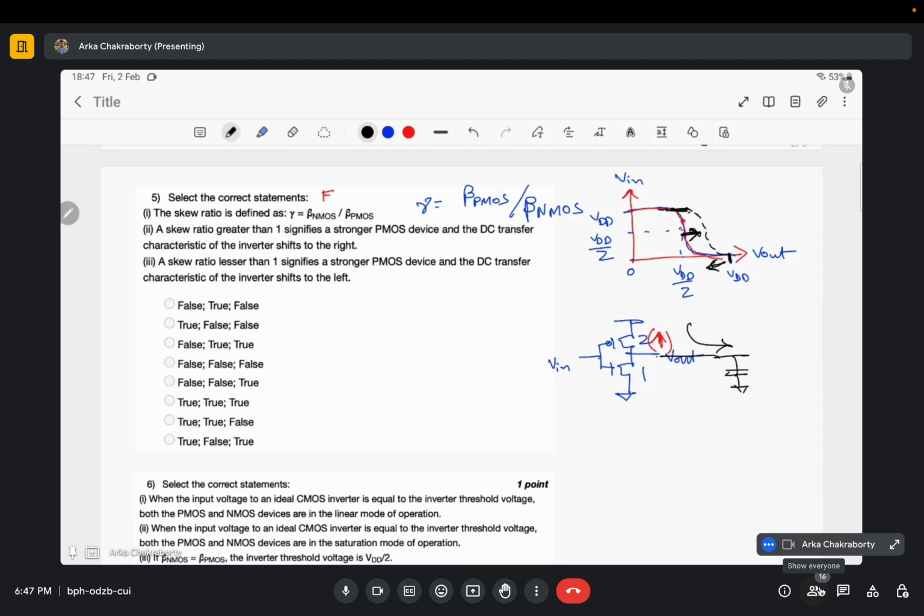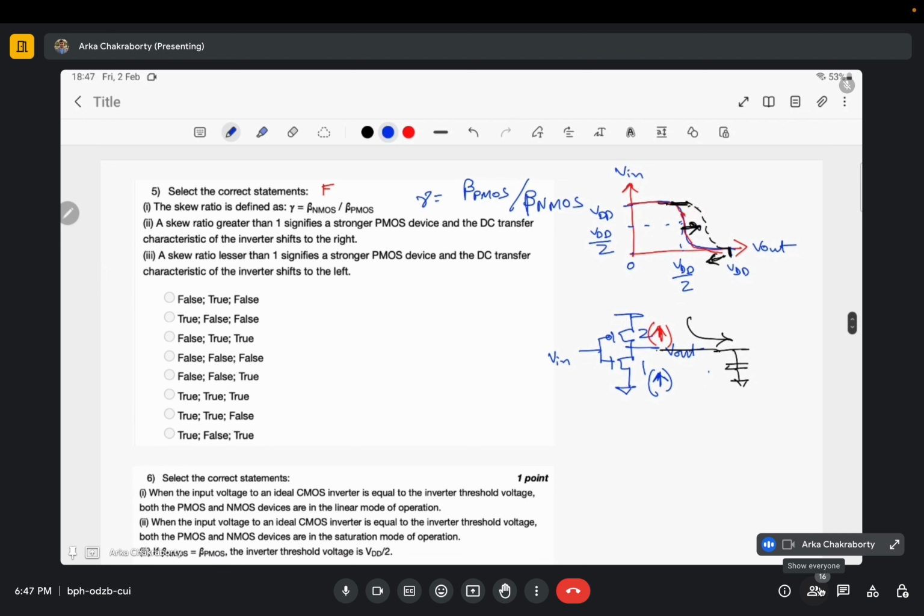Similarly, if I increase the strength of this NMOS, it will try to discharge the output much more quickly as compared to a standard CMOS circuit where PMOS W is twice that of NMOS. It will try to discharge it to ground at an earlier time.